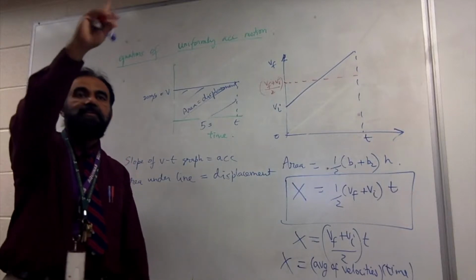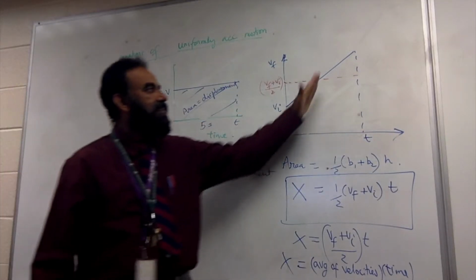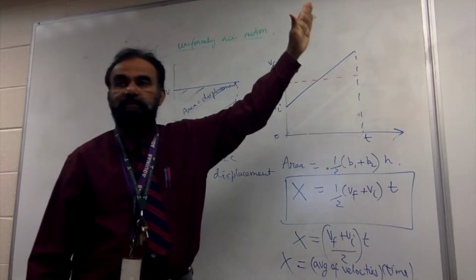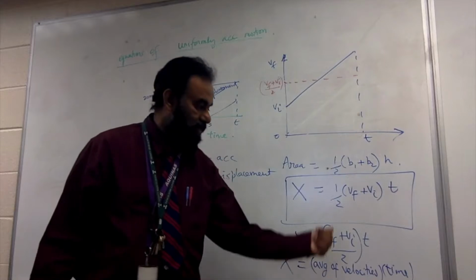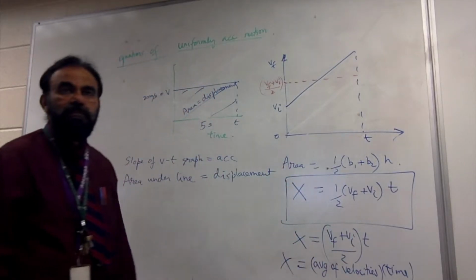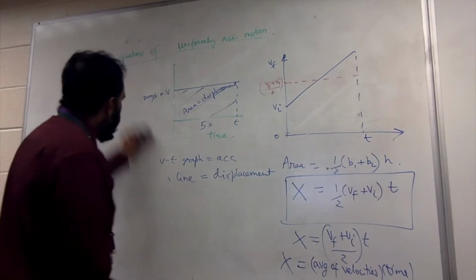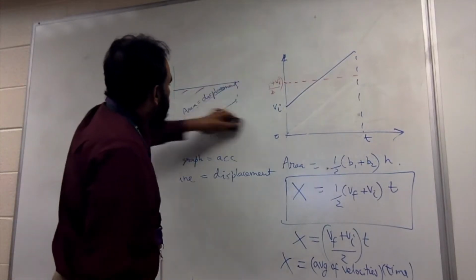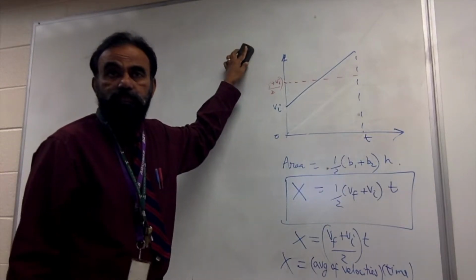If it's a curve like that, you can't use it. If you draw a curve like this, you can't use that as the average. Okay? So average of velocities times time, so Vf plus Vi divided by 2 times time. That is your equation. I'll call it the second equation of motion. Any questions at any point? Let me know. Okay?